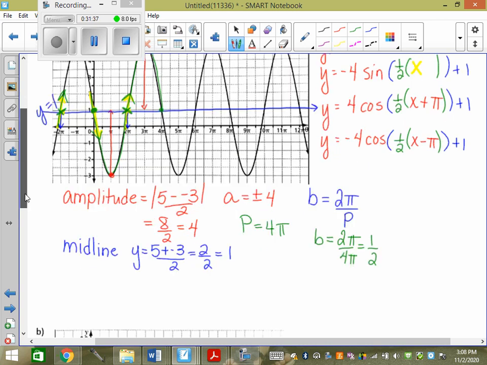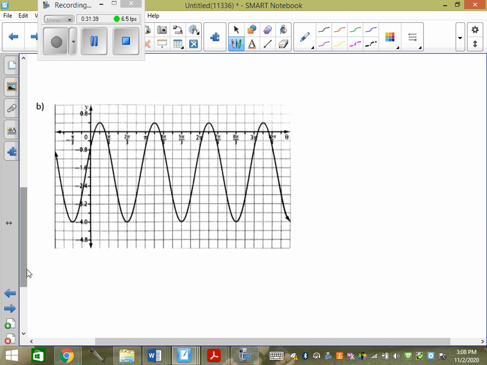Okay. This one down here, my amplitude is the absolute value of the max, which happens to be 0.4, minus the min, which is negative 4, divided by 2.